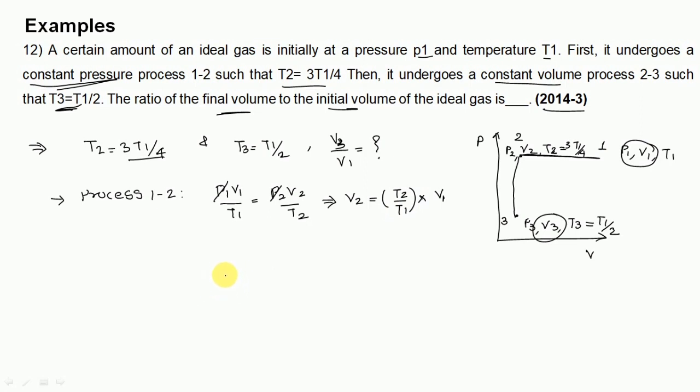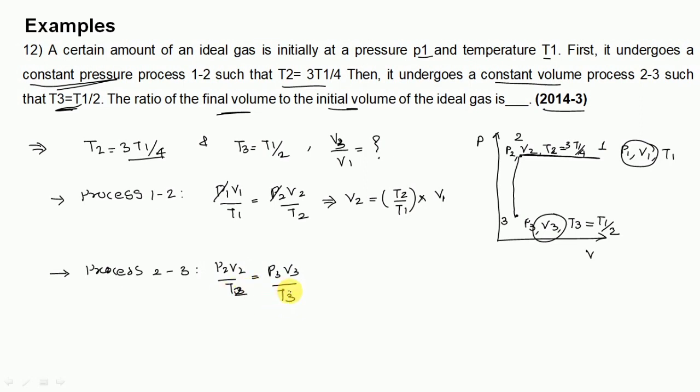If we do not go too deep into process 1 to 2, we can just start with process 2 to 3, which is P2 V2 upon T2 is equal to P3 V3 upon T3.